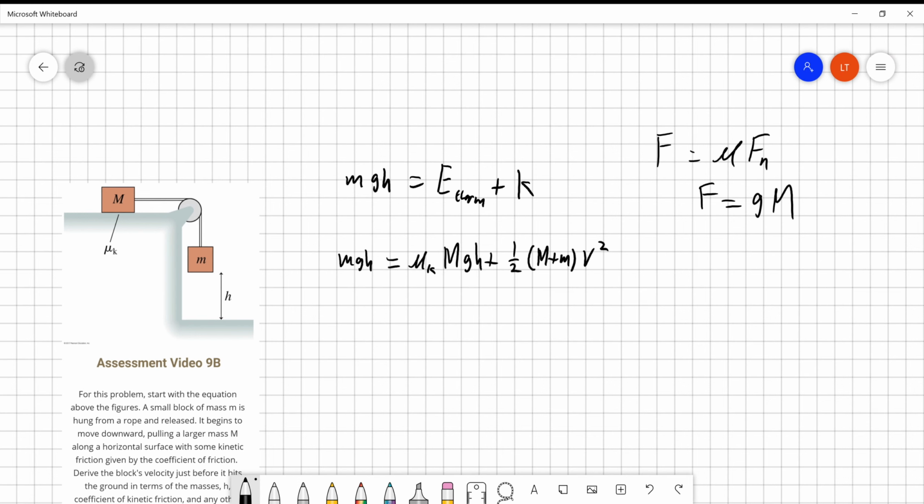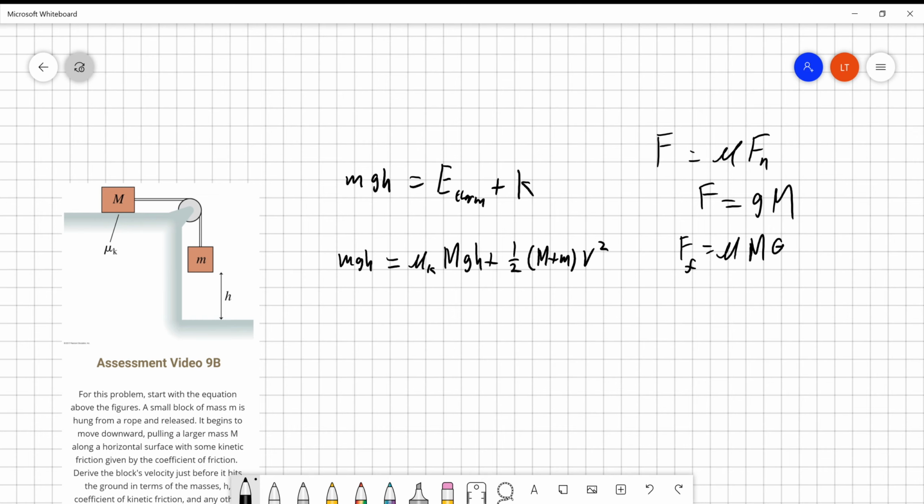So therefore, frictional force is mu Mg, f. And you're wondering where we get this h. So the work done by friction, the thermal energy released, is force times distance.